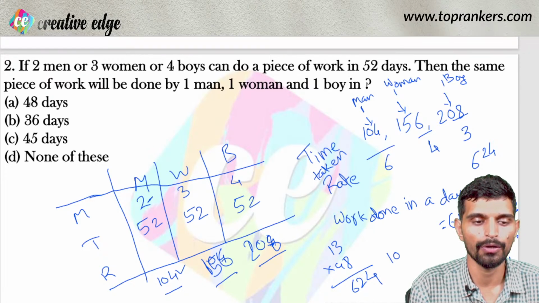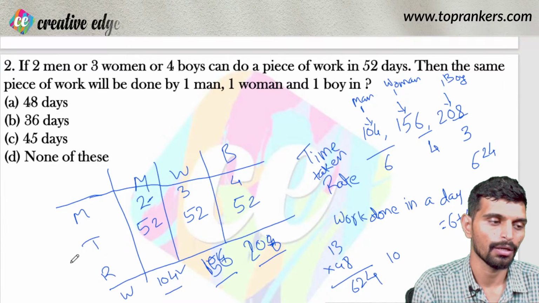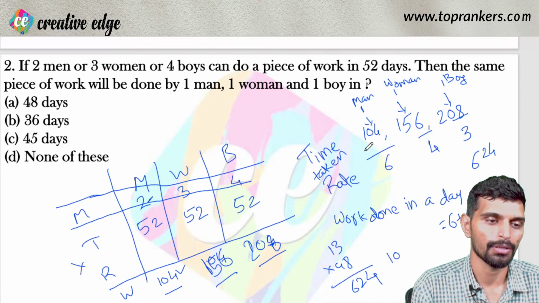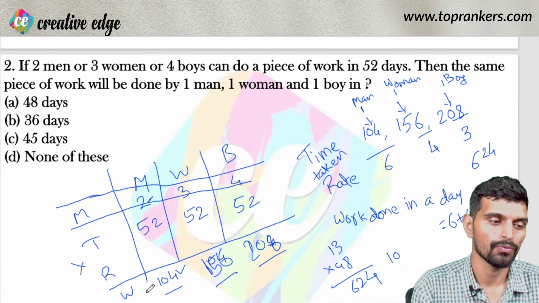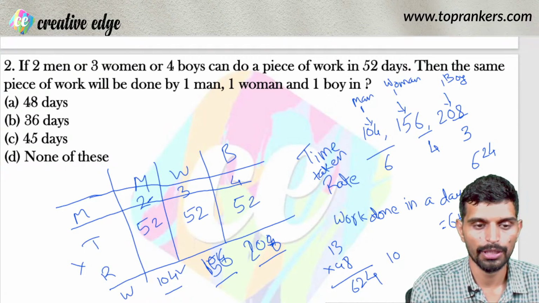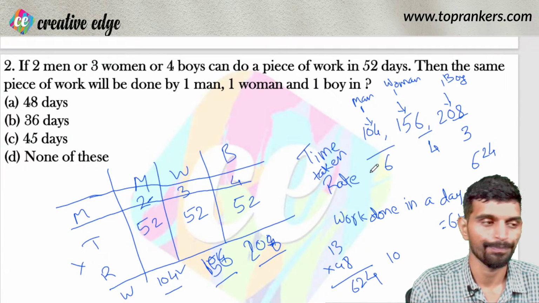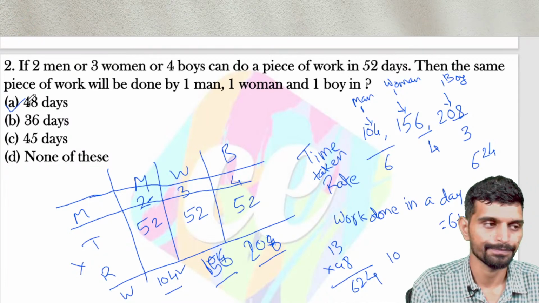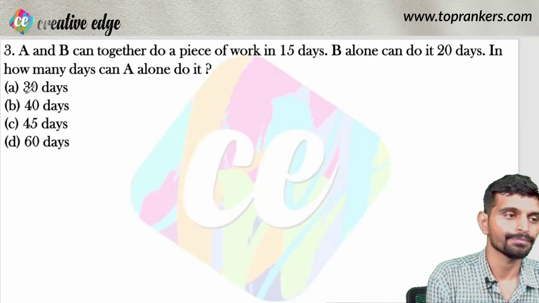This is the number of days, because time into rate is equal to work. This M is no more in the picture because each one is 1, 1, 1, right? So time into rate is work. Rate is known to us, work is known to us, so we determine time. So the answer to this one should be 48 days.